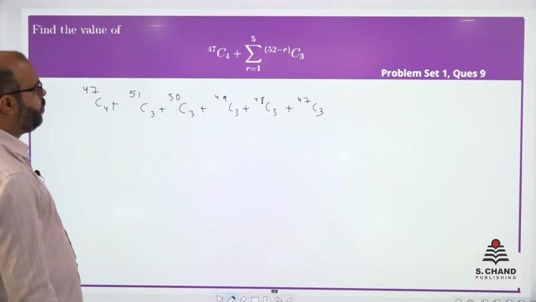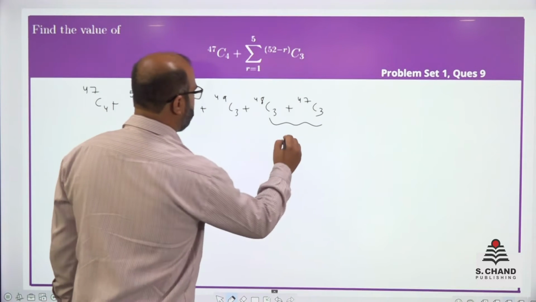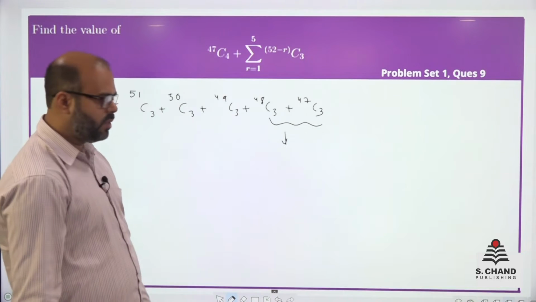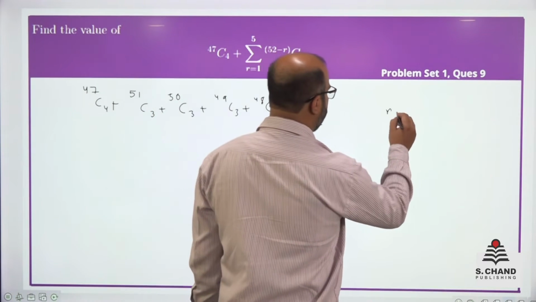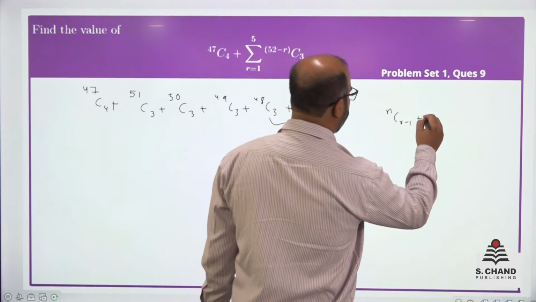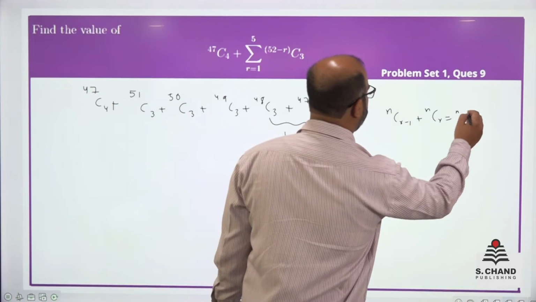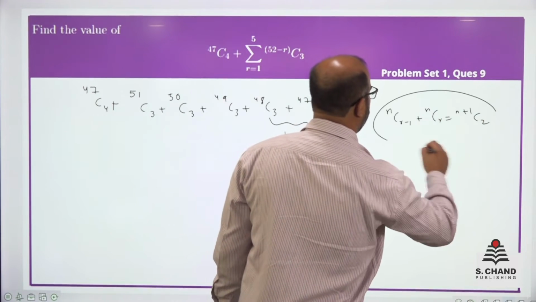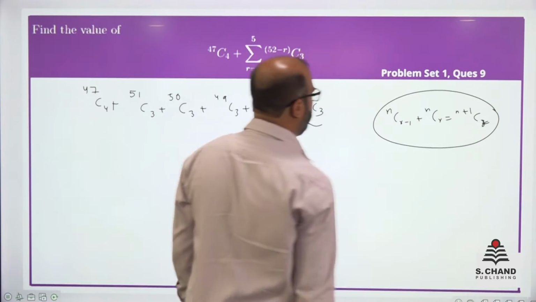Now 48C3 plus 47C3, what will be this? If you remember the formula nCr minus 1 plus nCr, it is n plus 1 Cr. So just use that particular formula.